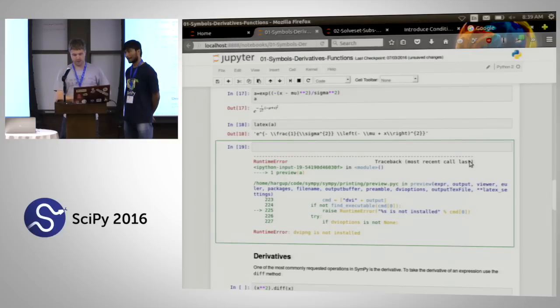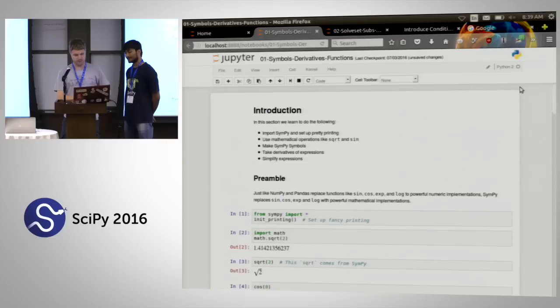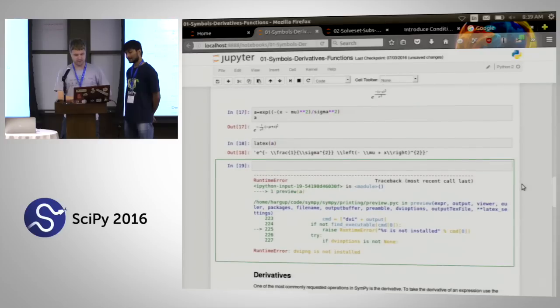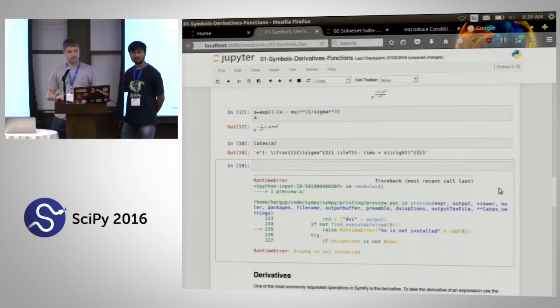But again, if you're just working interactively, if you run init printing, that's going to give you the best representation interactively. It does, although Matplotlib is the last fallback because it's not very good.